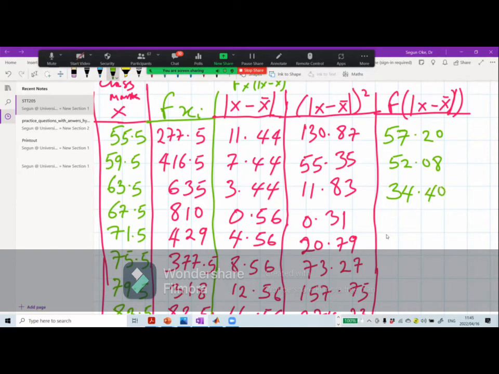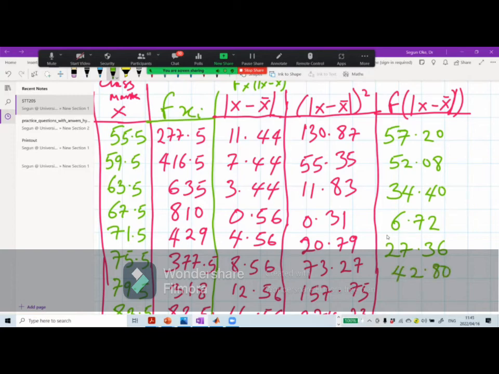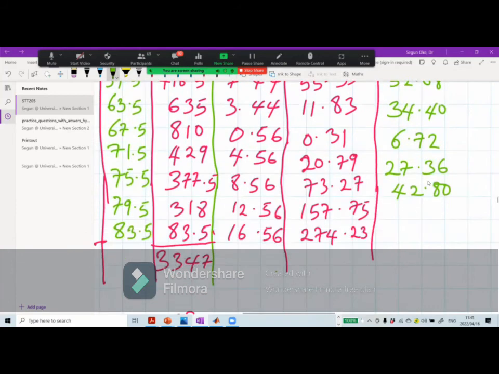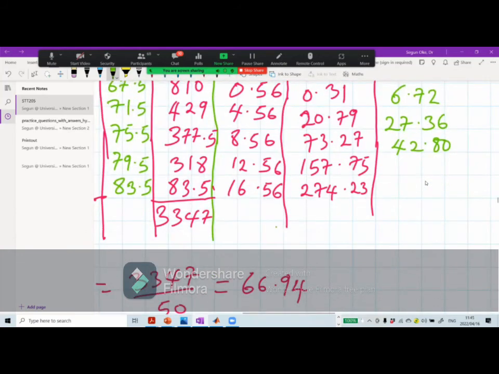Next, 4.32. 6.72, yes. 27.36, yes. 42.8, yes. 50.24. And 16.56. Okay.